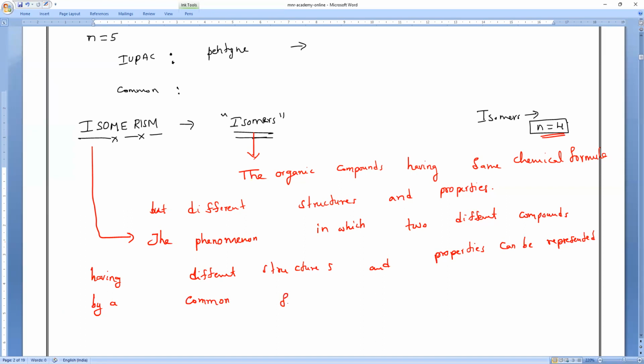So different compounds represented with a common formula, what is that phenomenon called, everybody? Yes, please. That phenomenon is called isomerism, and those compounds are called isomers.